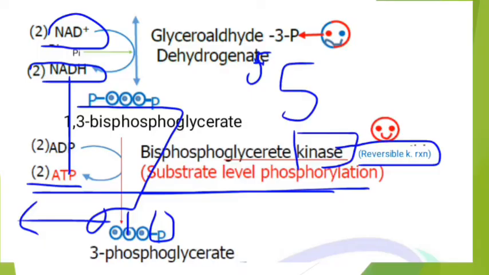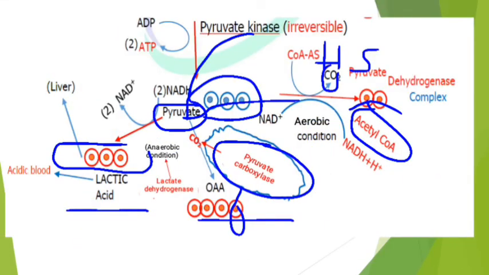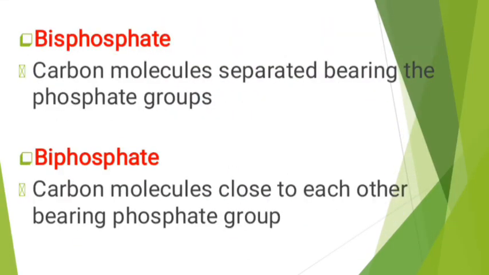And then if you have three phosphate groups, you can call it triphosphate. But just know this, that in bisphosphate, there is at least one carbon molecule separating the carbon molecules bearing the phosphate groups, while in biphosphate, there is no carbon molecule separation.